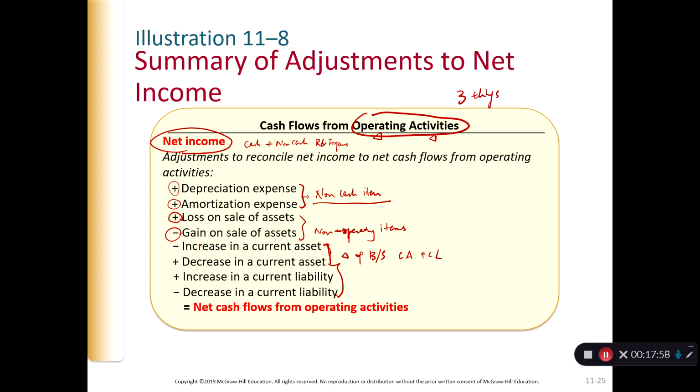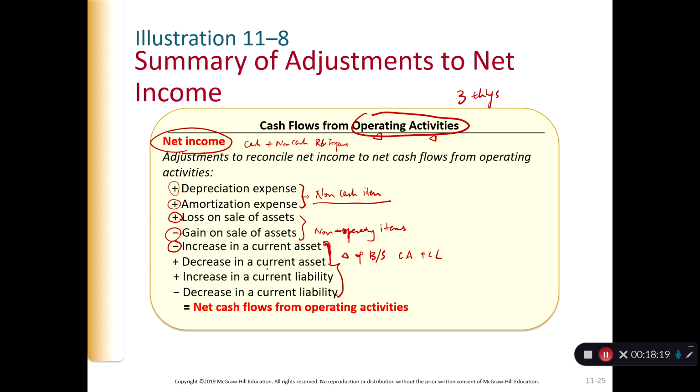And the last section is that an increase in current assets is considered revenue that has not been collected in cash, such as accounts receivable. So an increase in current assets represents a decrease in cash flow.